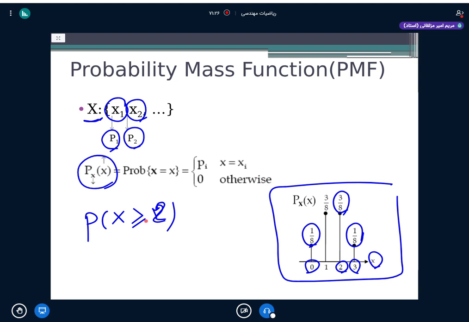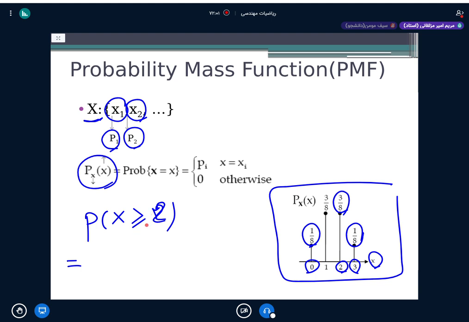Can you tell me what this probability is? How can we compute it using this PMF? We want to compute the probability that the random variable X, whose PMF is like this, is greater than or equal to 2. How can we compute it? We have two probabilities, Doctor: 3 over 8 and 1 over 8. Okay, thanks. Very good.